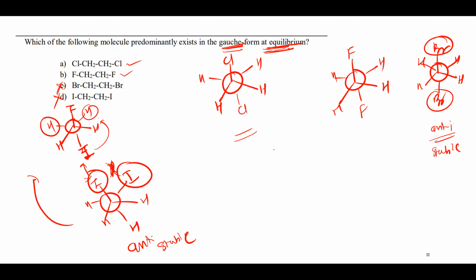If I draw the structure in this fashion here for this molecule, the chloro and fluoro, let's say I will put here X and here hydrogen.